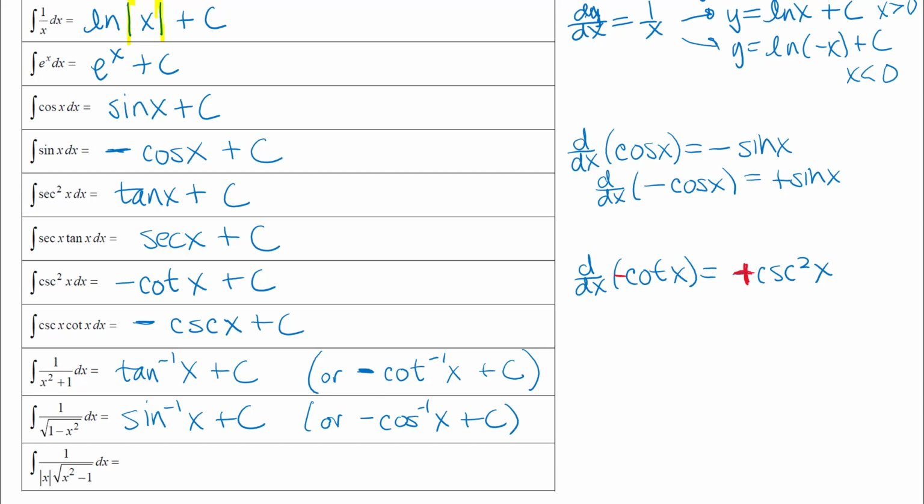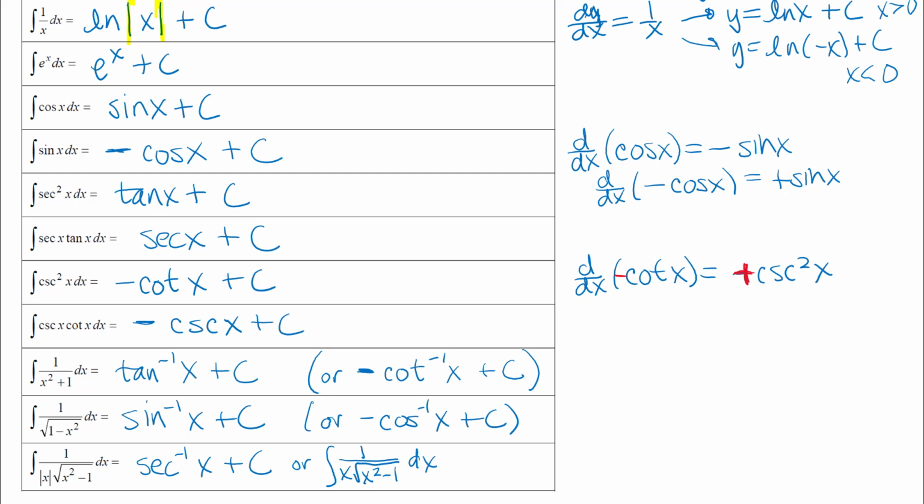The function whose derivative is this function we have here in this indefinite integral is secant inverse of x plus c, or one way that we sometimes see this last integral written is without the absolute values in the integral, but instead the absolute values in the secant inverse function. So you'll sometimes see it written like this.